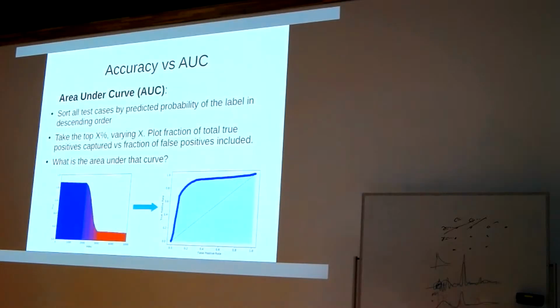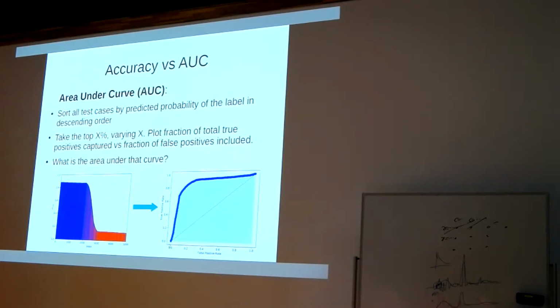One way that you can get around this problem is to use metrics that are less sensitive to things like class imbalance. If you remember back, I showed the receiver operating characteristic curve construction. If you make that construction, one metric you can use is the area under the curve, called AUC.